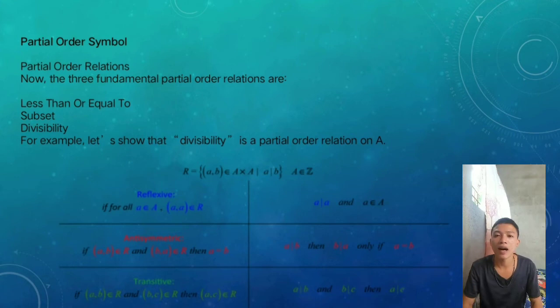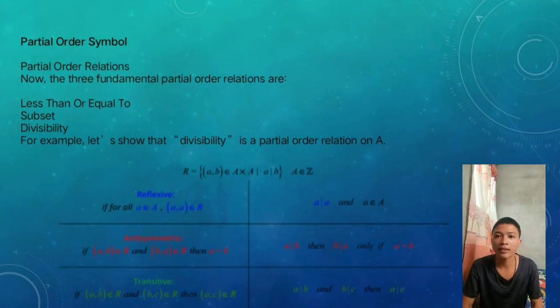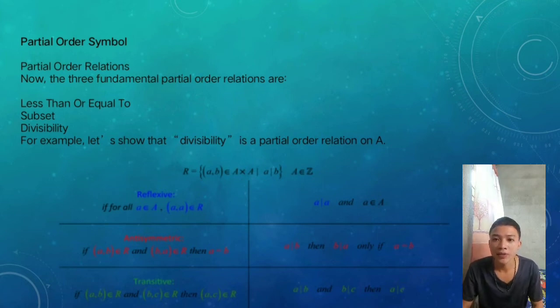Let R equal the set of pairs (a, b) where a divides b, with a and b elements of Z. Reflexive: for all a, (a, a) is an element of R, since a divides a.